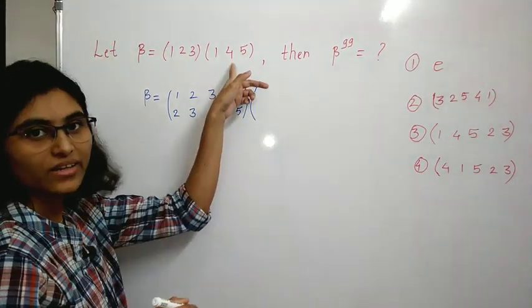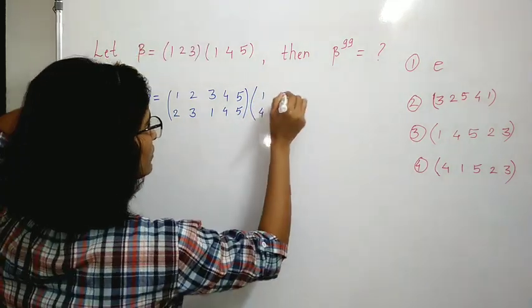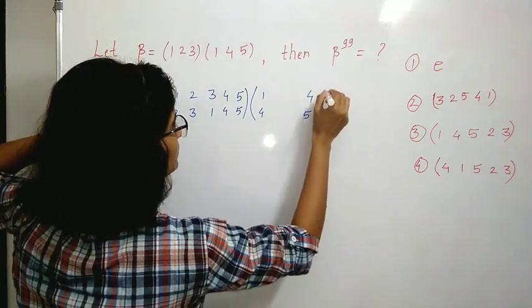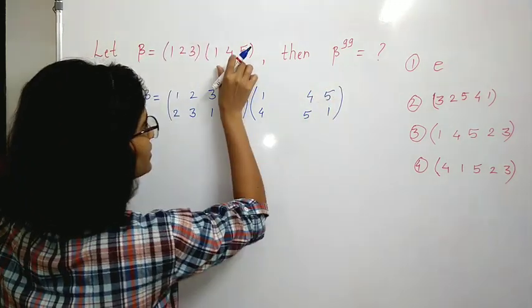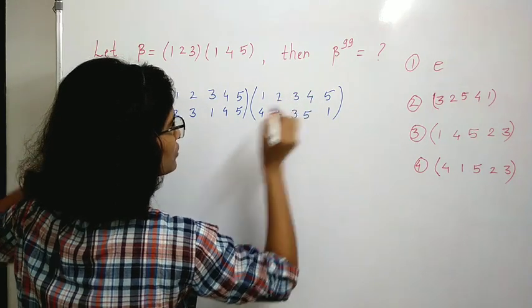Now in the second cycle, 1 maps to 4, then 4 maps to 5, then 5 maps to 1, and 2 and 3 are fixed. That is 2 goes to 2, 3 goes to 3.